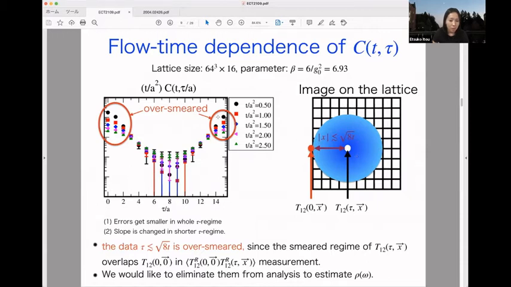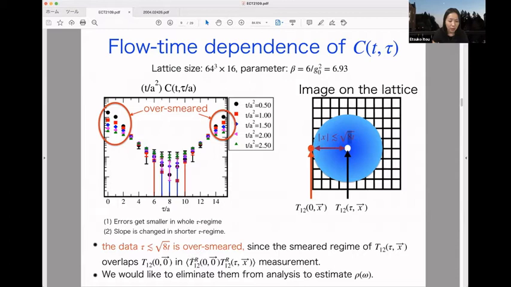So let me explain this part. Now we would like to measure the correlation between the white circle operator and the red circle operator, at tau and tau equal to 0. At finite gradient flow time, the white operator is smeared around this region. If we take a long flow time, then the smeared region overlaps the other operator, the red one.